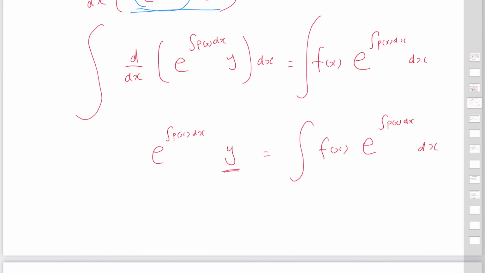This is how to solve linear first-order differential equations with integrating factors. This is a very standard method to solve first-order differential equations.